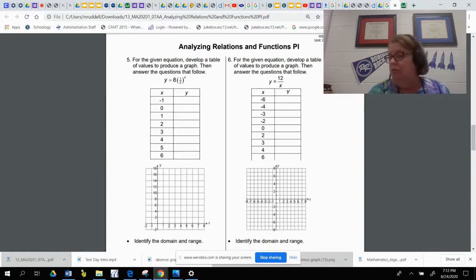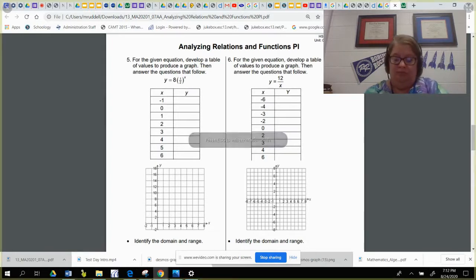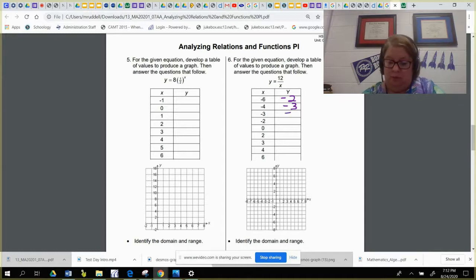Here is your table. It would be -2, -3. Sorry, this is not writing very well. So do a little better. -2, -3, -4, -6, undefined, which means the graph doesn't touch there. 6, 4, 3, 2.